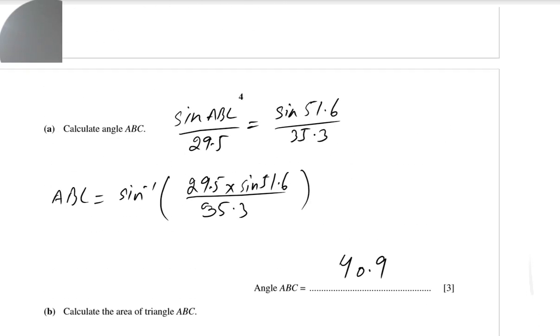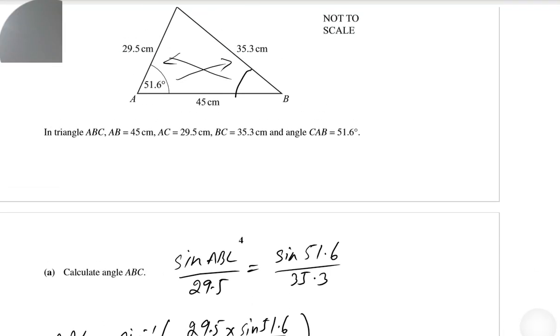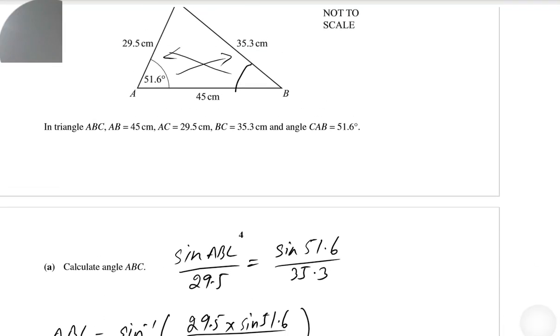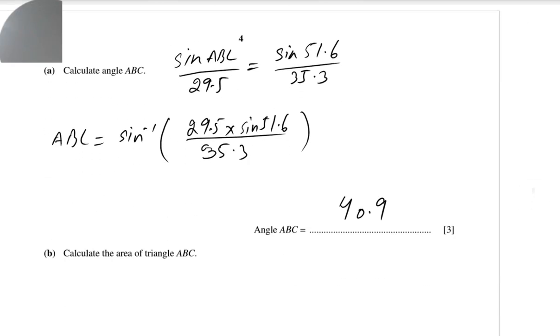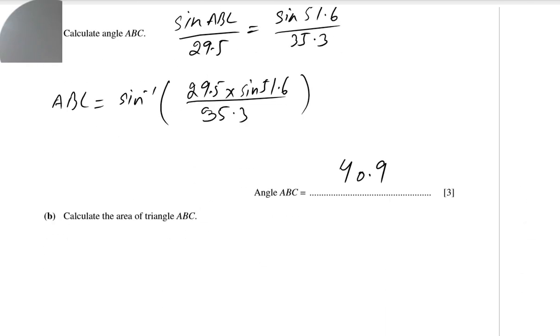Area of triangle. For area, you can use any two sides and the angle between them. I'll be using this portion: 29.5, 45, and 51.6. 1 by 2 into 29.5 into 45 into sine of 51.6.